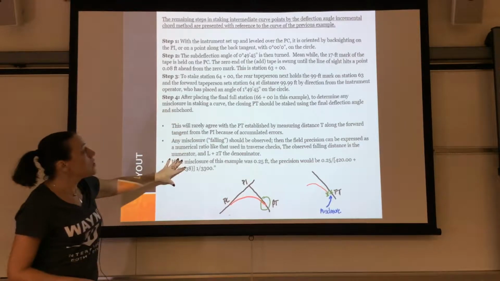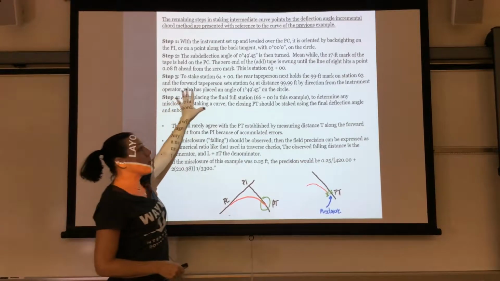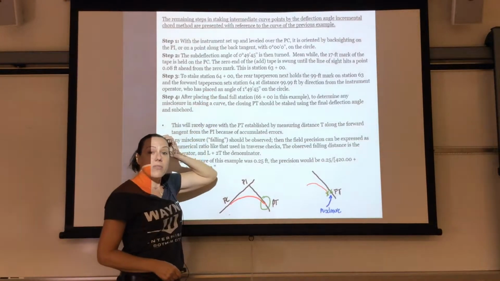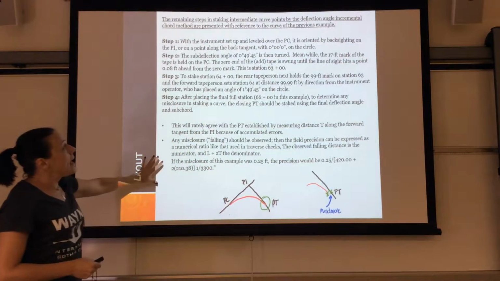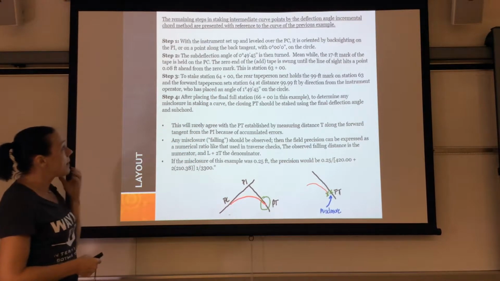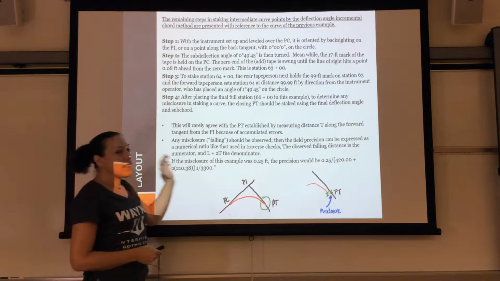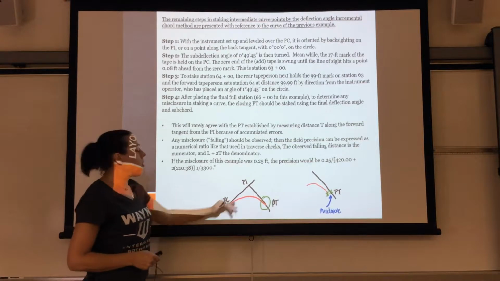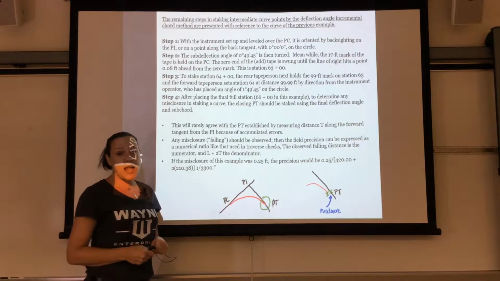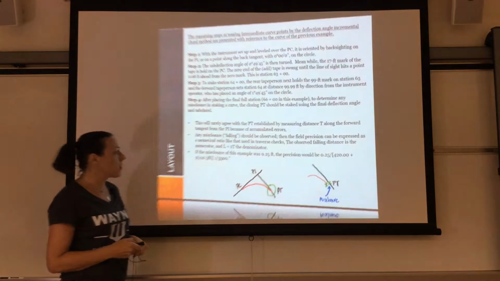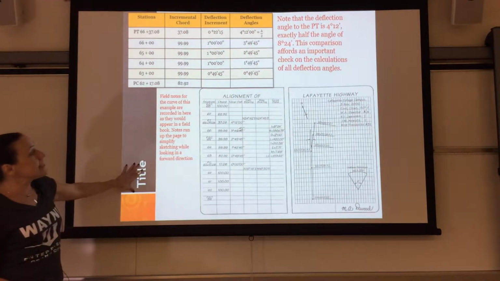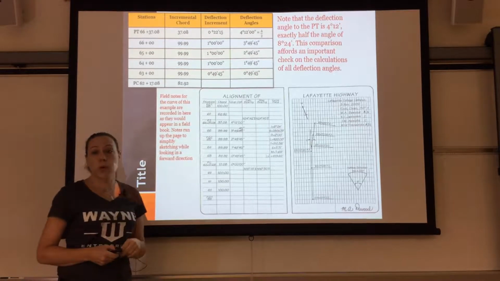So go ahead and read through this. This tells us how we will set up out in the field. Again, the PowerPoint's posted on Blackboard, but we're going to be using the incremental chord distances with deflection angles to figure out how our curve works. All right, this is typically how the field notes work.